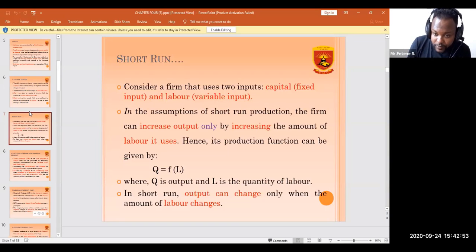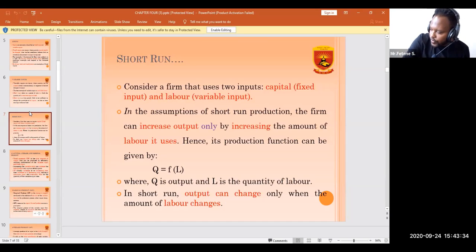In the assumption of short-term production, the firm can increase output only by increasing the amount of labor it uses, because labor is a variable input. Fixed inputs cannot easily be increased or decreased, but variable inputs can. So in the short run the firm can increase output by changing the variable input.